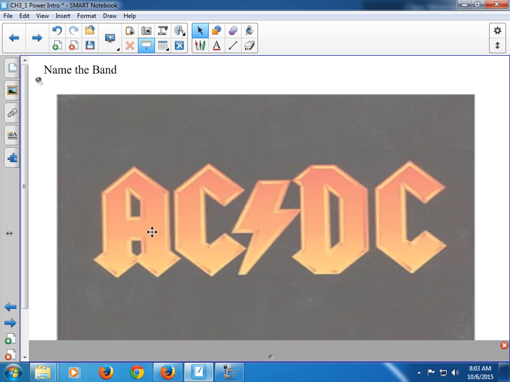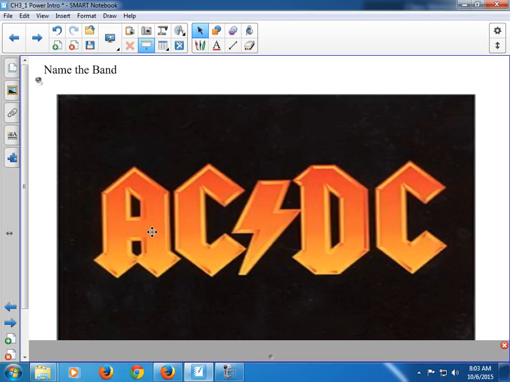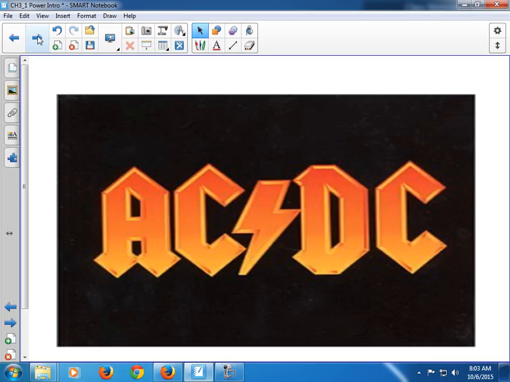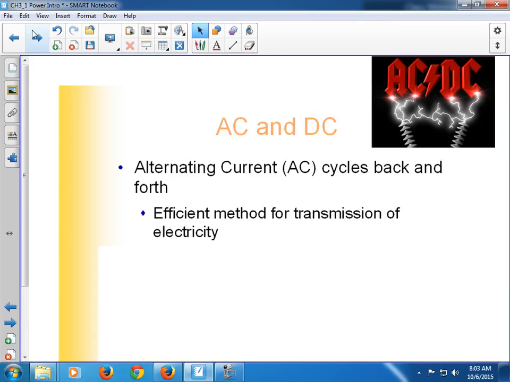So we're going to talk about AC and DC power, which has nothing to do with the band, obviously. So what is AC and DC power? First, AC is alternating current. Alternating current is the most efficient method for transmission of electricity. It's what comes out of our wall outlet. That's what plugs are. We get AC power because there would be no way to transmit DC power all the way from Cincinnati or wherever our power comes from to National Trail.